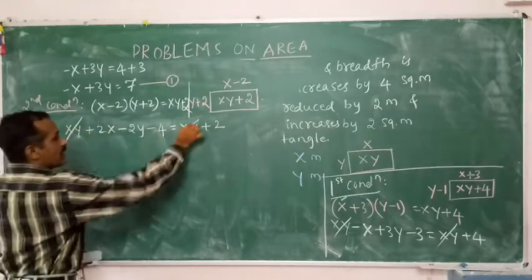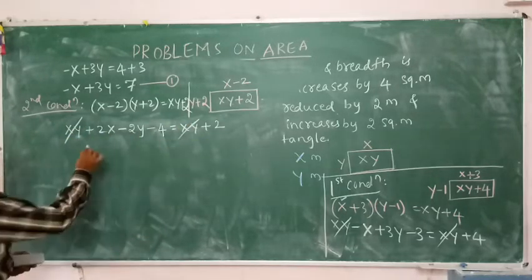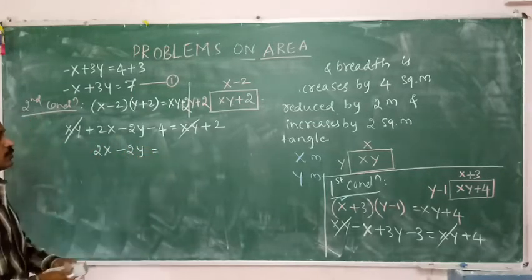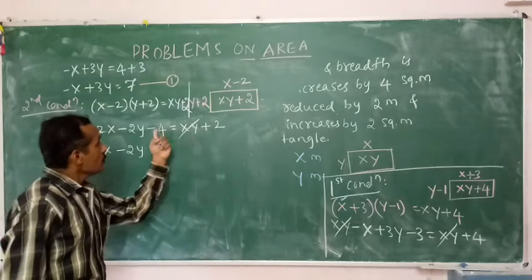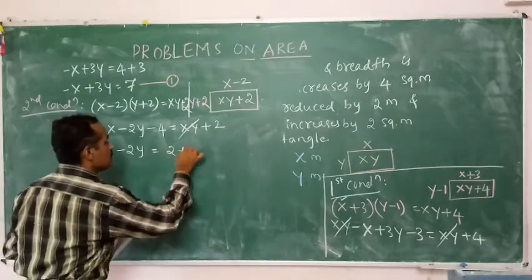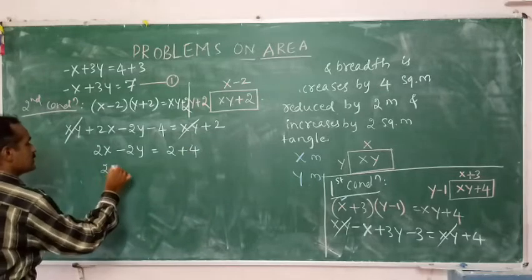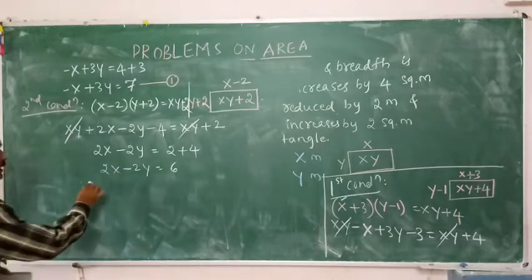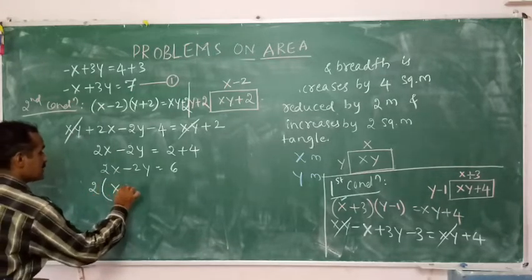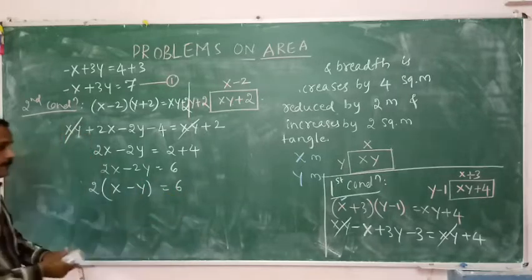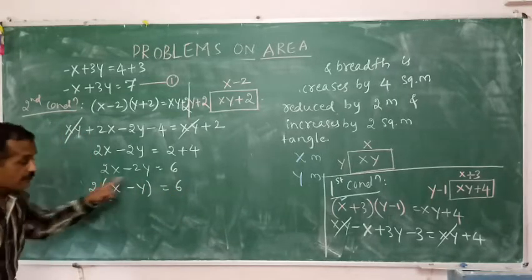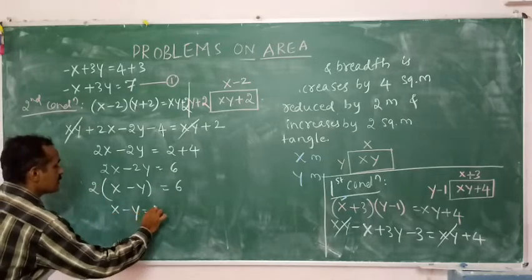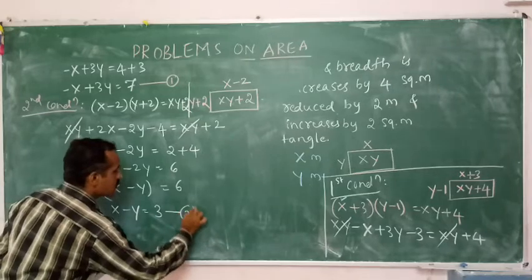Now, again, xy gets cancelled. 2x minus 2y is equal to 2 plus 4, which is 6. I can take 2 as common. This 2 will come to the denominator of the RHS. 6 divided by 2, so x minus y is equal to 3. This is my equation number 2.